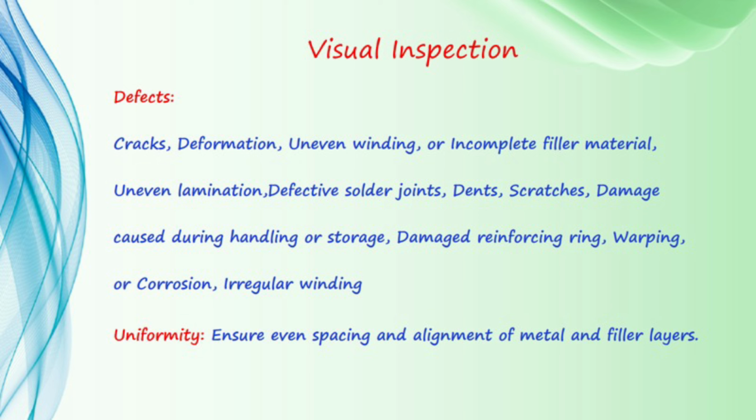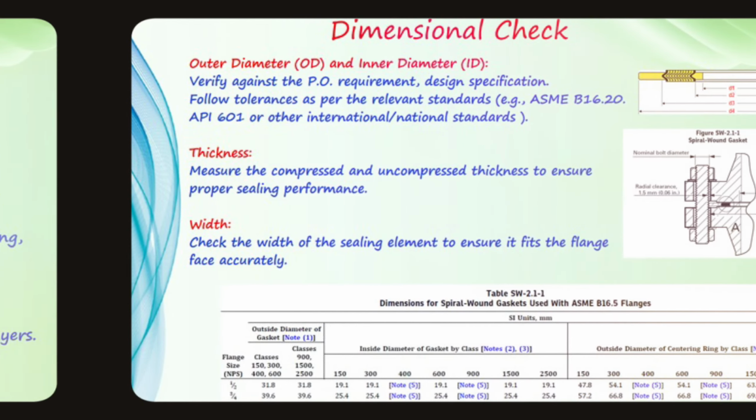In the second parameter, uniformity, ensure even spacing and alignment of metal and filler layers. So the QC inspector has to check the visual defects and uniformity of the spiral wound gasket.